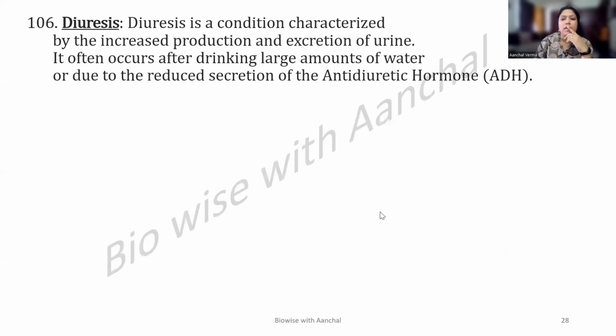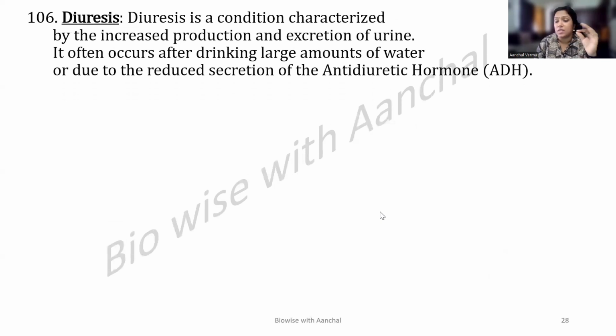Okay. Next one, diuresis, very important. Diuresis is a condition characterized by the increased production or excretion of urine. So too much urine is passed out. Okay, it often occurs after drinking a large amount of water or due to reduced secretion of antidiuretic hormone.